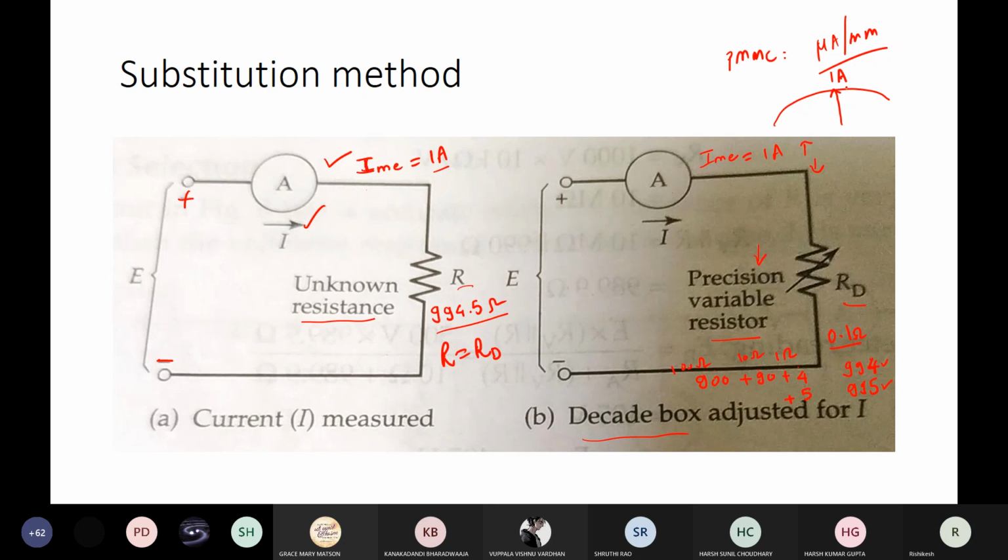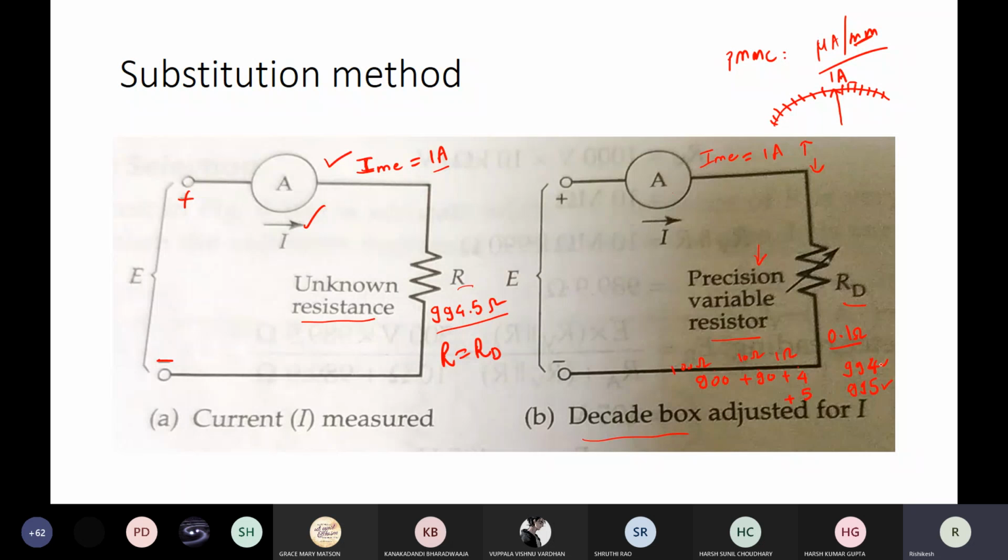Now this scale is marked like this, isn't it? Now when we say 1 mm, this distance is 1 mm. So even the precision with which you can measure the current is also limited. Am I right? Yeah.